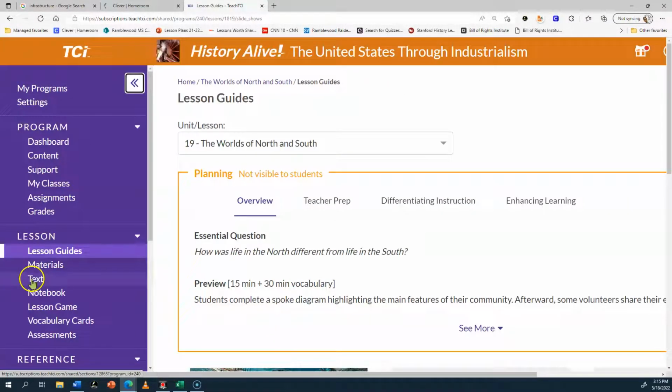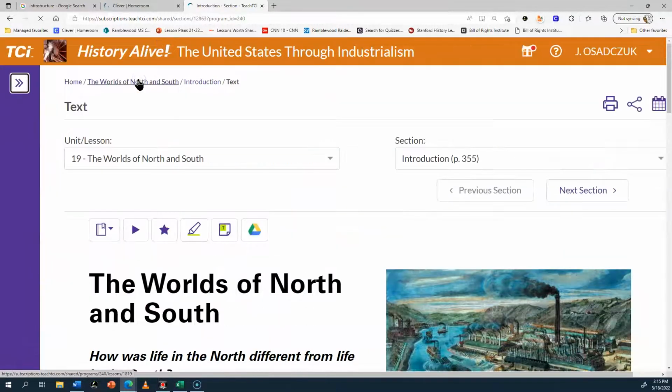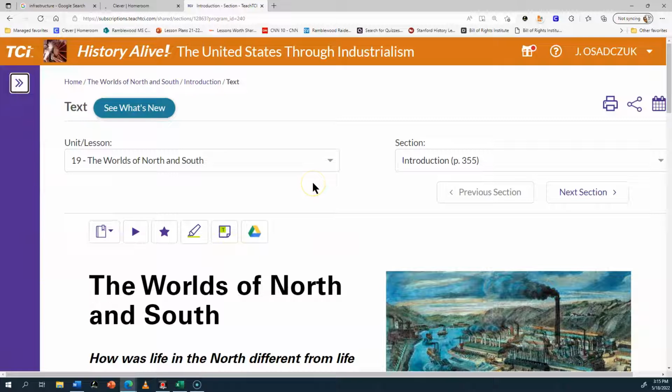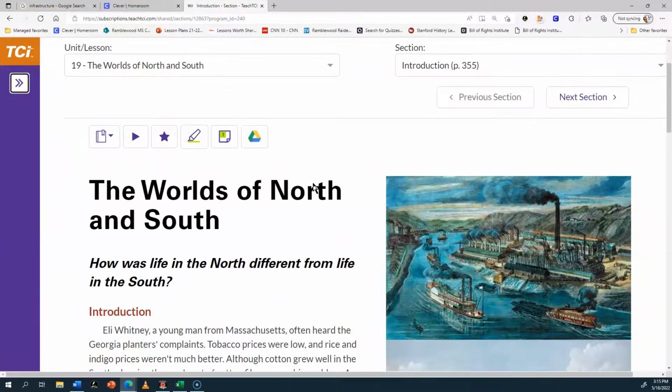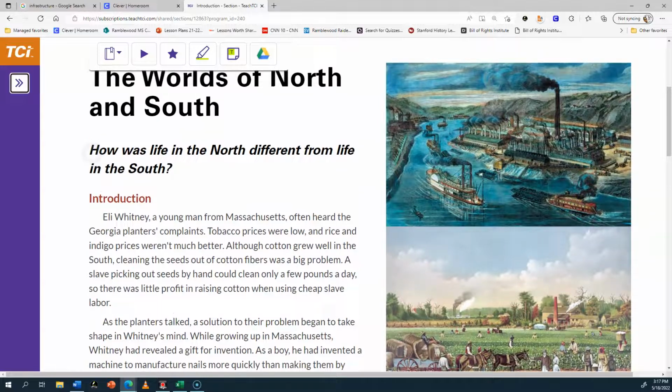Make sure you have it on the textbook and not the notebook or the lesson game. Okay, so when you look at the book, you're going to see this page on page 355.